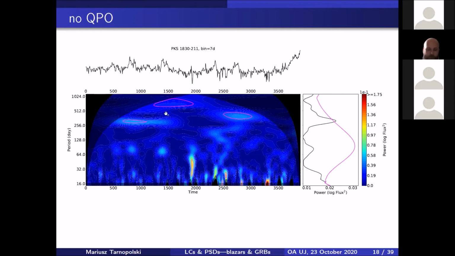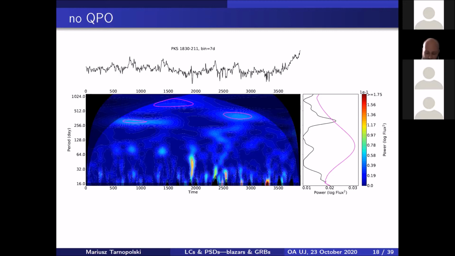They all correspond to different leading periods, are separated in time, and the features corresponding in the light curves do not show enough persistence. So based on the global periodogram, this one on the right, one would conclude there's a peak above 3 sigma, but the scalogram doesn't support it being a real QPO.